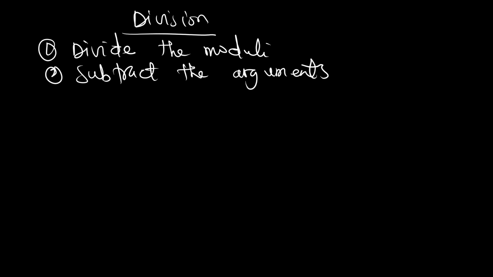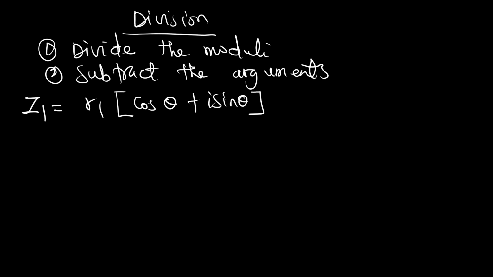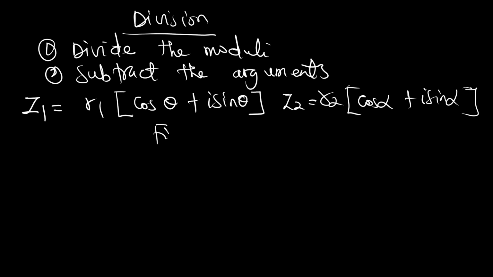So given these two complex numbers, z1 equals r1 (cos theta plus I sine theta), and z2 equals r2 (cos alpha plus I sine alpha). We are supposed to find z1 divided by z2.